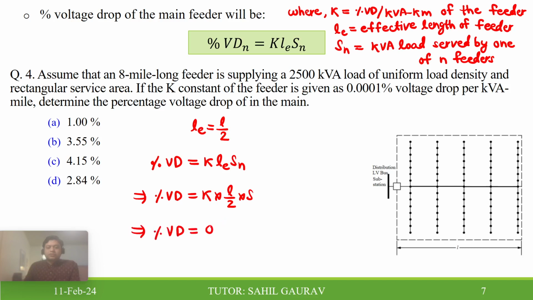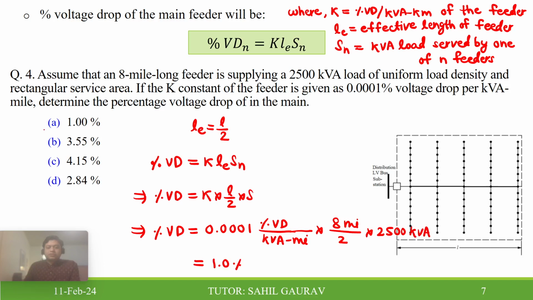K is given as 0.001 percentage voltage drop per kVA mile. Write the unit also, so that if the unit doesn't match, your answer might go wrong. 8 mile divided by 2 and S is given as 2500 kVA. So you will get 1.0%. So A is the correct answer.